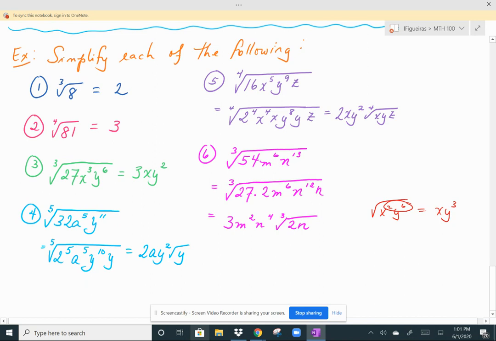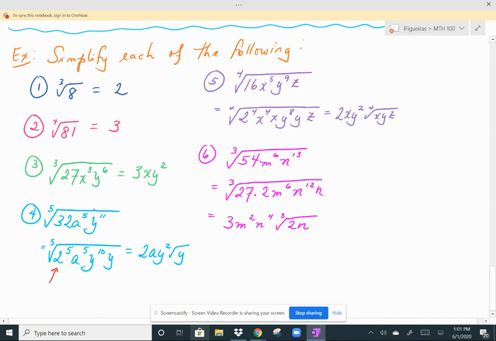Okay, so now we move on to number 4. Number 4 is asking for the fifth root of 32, a to the 5th, y to the 11th. All right, so 32 is a perfect fifth root, because 32 is the same as 2 to the 5th power.